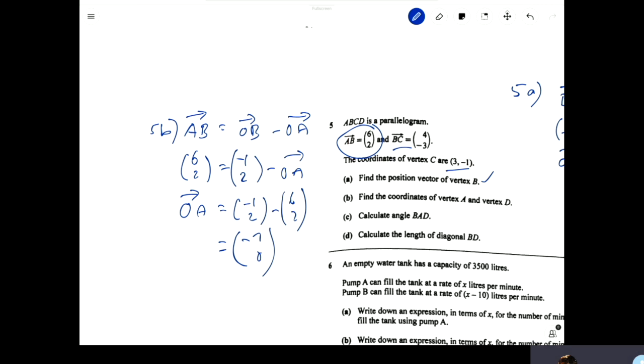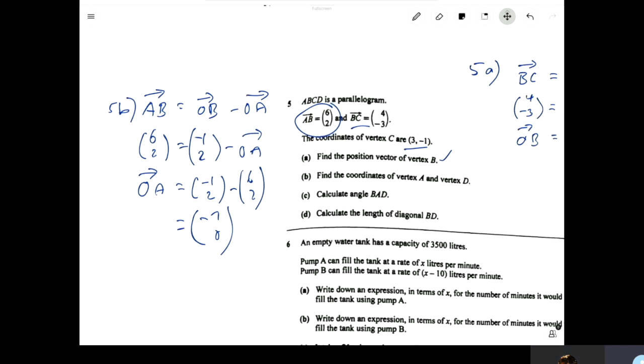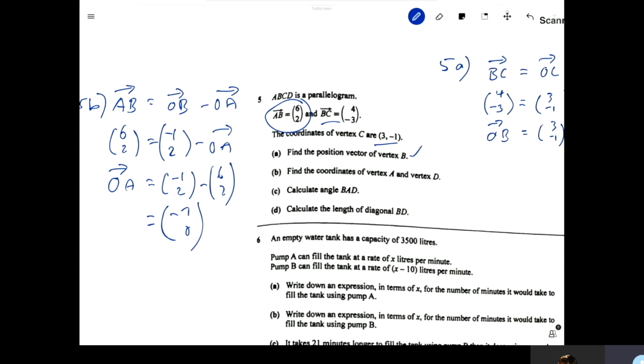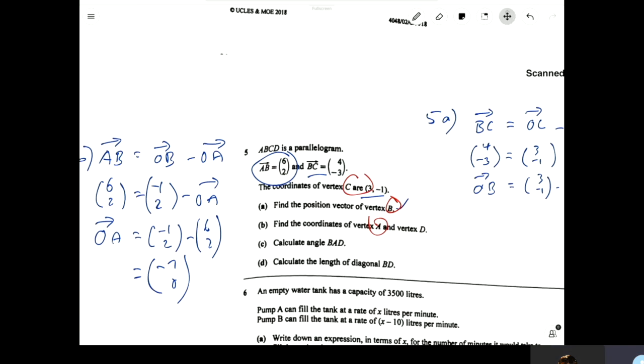Then the next one is we need to find D. Now D is a bit weird. You need to visualize. Where is D? At this point, I already have A, B, and C, right? You see, I have A, I have C, and I have B. What this means is I can draw something.